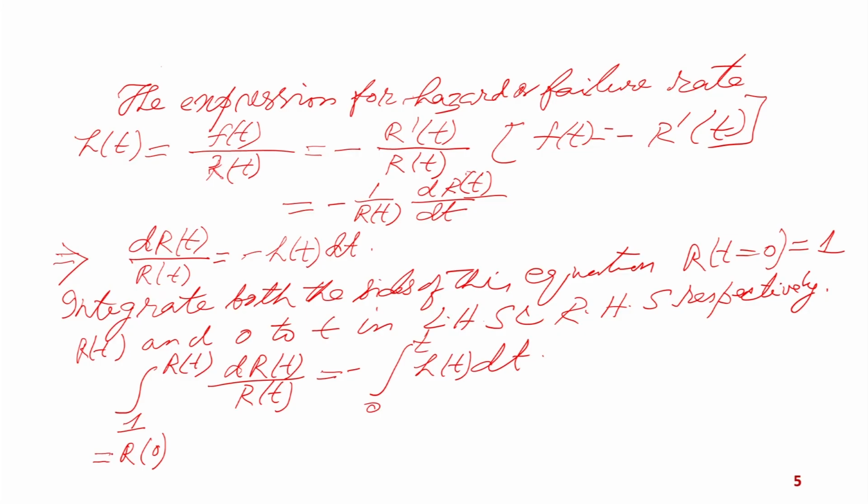So, now I can write the integral from 1 to R(t) of d R(t) divided by R(t) is equal to minus the integral from 0 to t of h(t) dt.